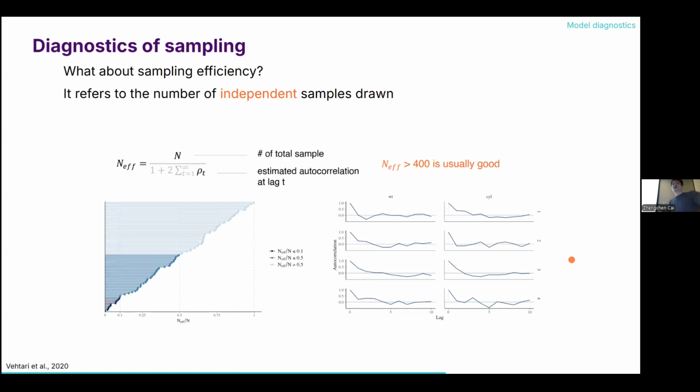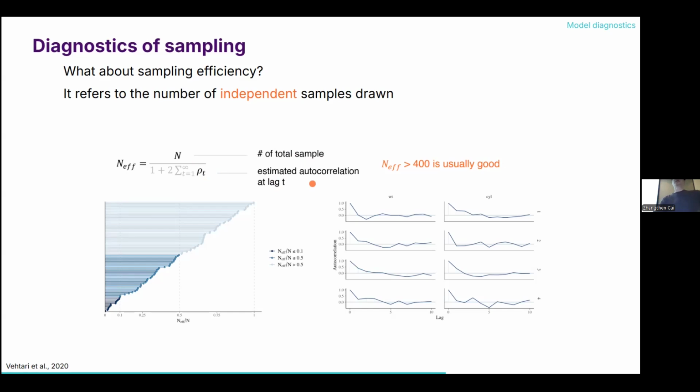If you want to have a high number of independent samples, because the independent sample is the sample that represents what we call Monte Carlo error of this whole sampling business. And it can be computed by a ratio of total number of samples and the equation related to the autocorrelation of the chain.